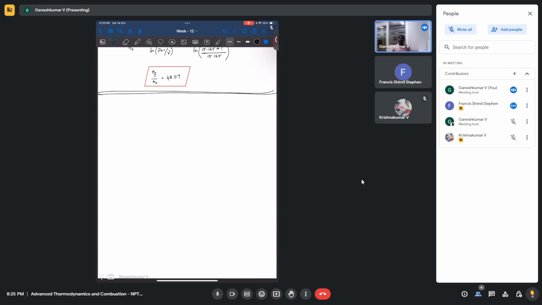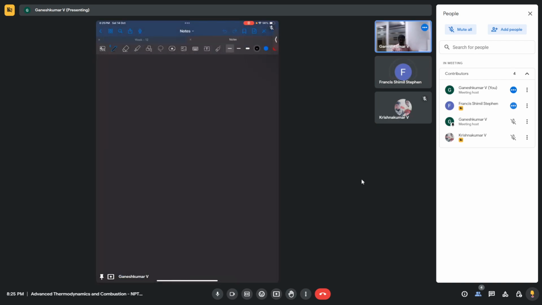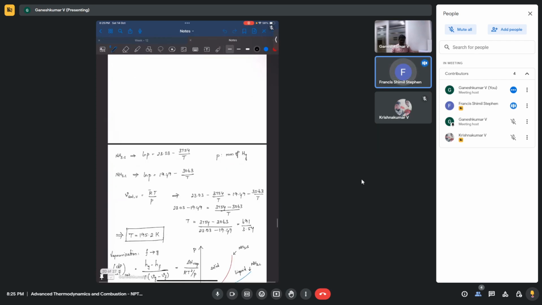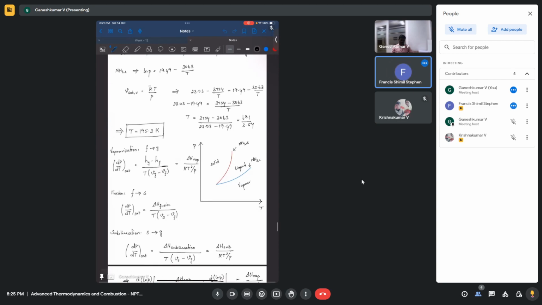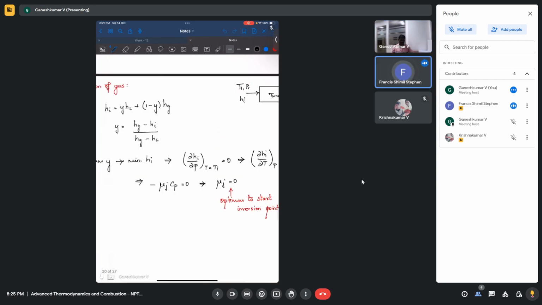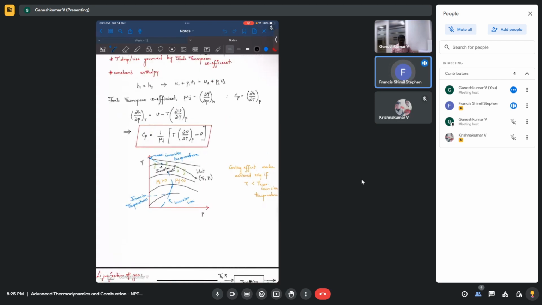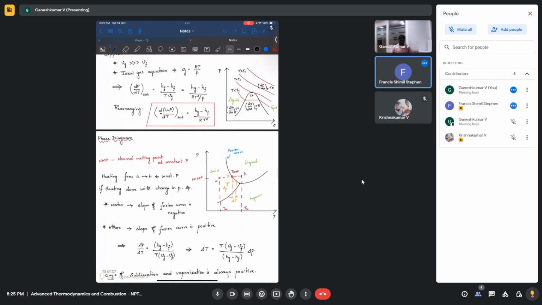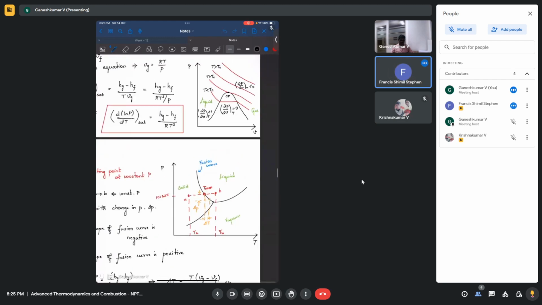I see. So in the PT diagram, let me see if I have it in my notes. Is this the kind of triple point diagram you're talking about? Something like that, but there is one more sublimation line which connects to the triple point.